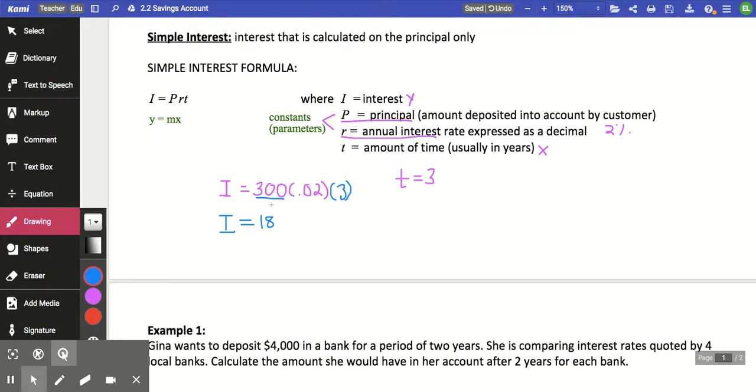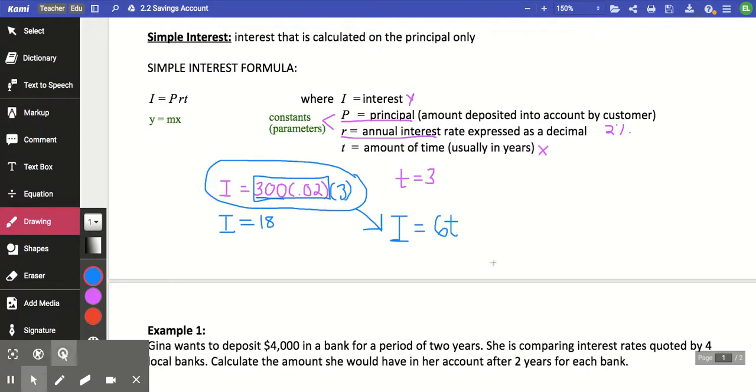But what you can see here, we could simplify this equation even further and take 0.02 times 300, which simplifies to 6. So really what this is saying is that we're earning $6 in interest per year. So if t is 10 years, then 6 times 10 tells us we've earned $60 in interest.